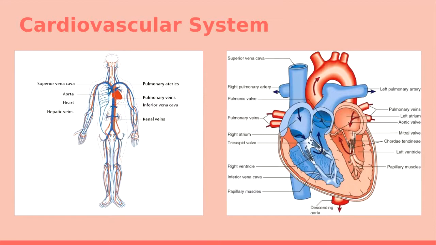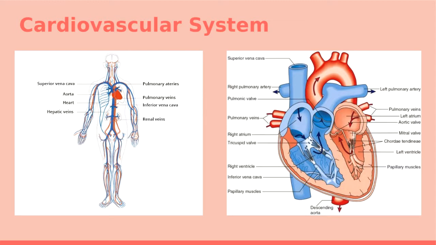It'll be me, Dana, speaking on the cardiovascular system for the overview. The cardiovascular system circulates blood around the body, and it mainly consists of the heart, blood, and the blood vessels.